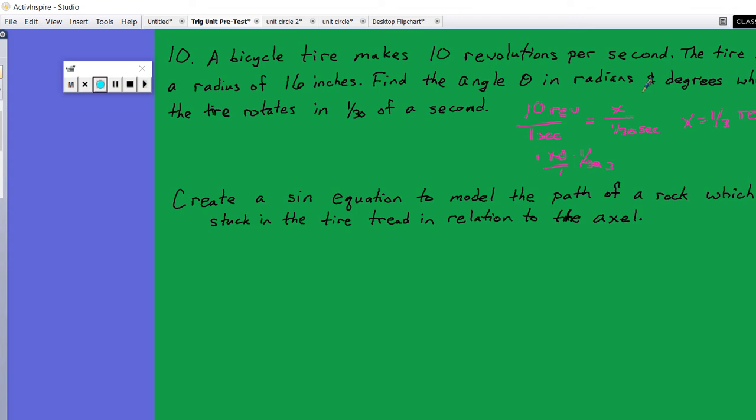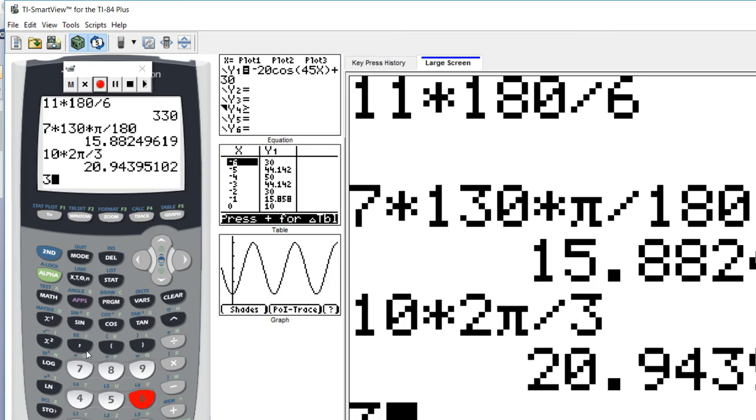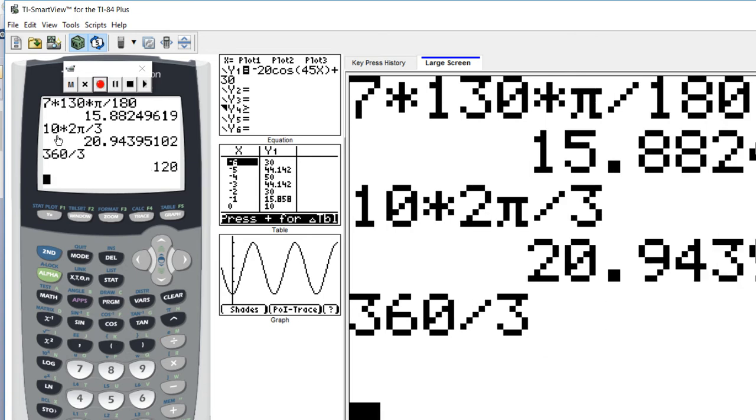So remember, a full revolution is 360 degrees. So I'm going to go 1/3 of 360 degrees. So 360 divided by 3 is 120. The reason you can do that in your head is that 36 divided by 3 is 12, and then just add a 0 onto it.